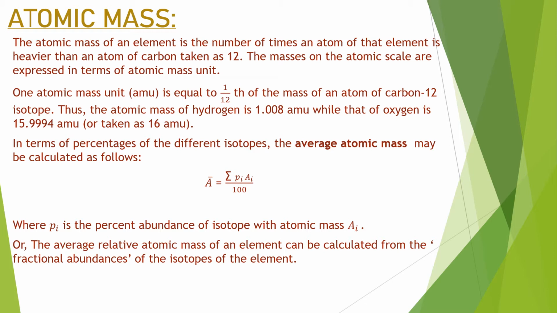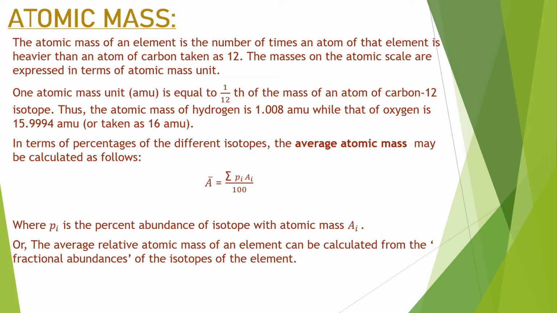By using this formula, the average atomic mass of chlorine equals 35 into 75 by 100 plus 37 into 25 by 100, isn't it? So ultimately we get 35.5 U, which is the average atomic mass of chlorine.